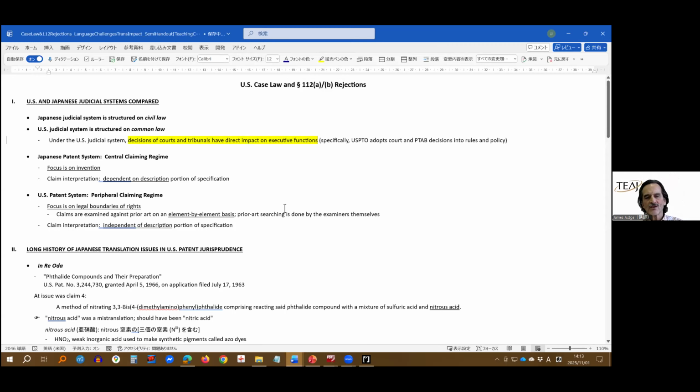Decisions of courts and tribunals have direct impact on executive functions. What does that mean? Well, decisions of court, that's court judgments. But tribunal just means, rather than a court, in this case the Patent Trials and Appeal Board, within the Patent Office.